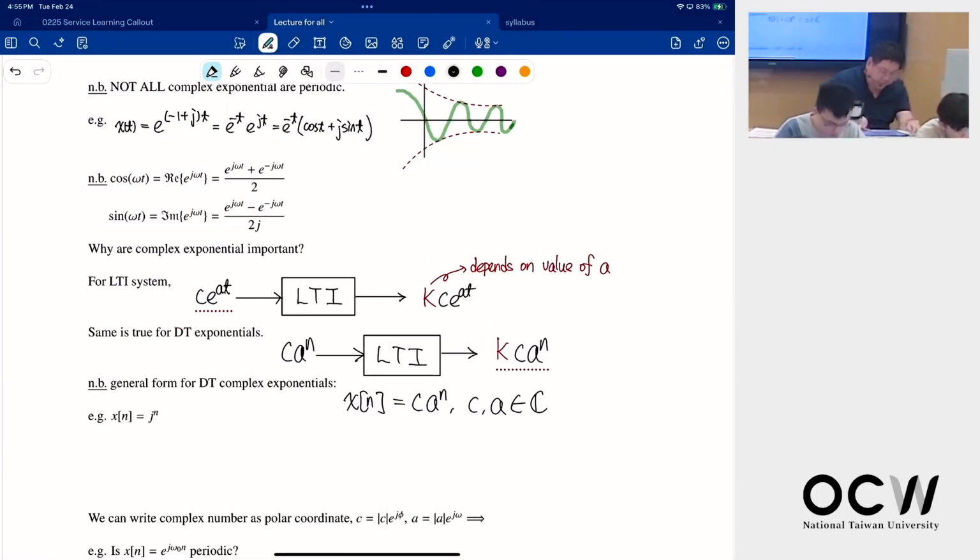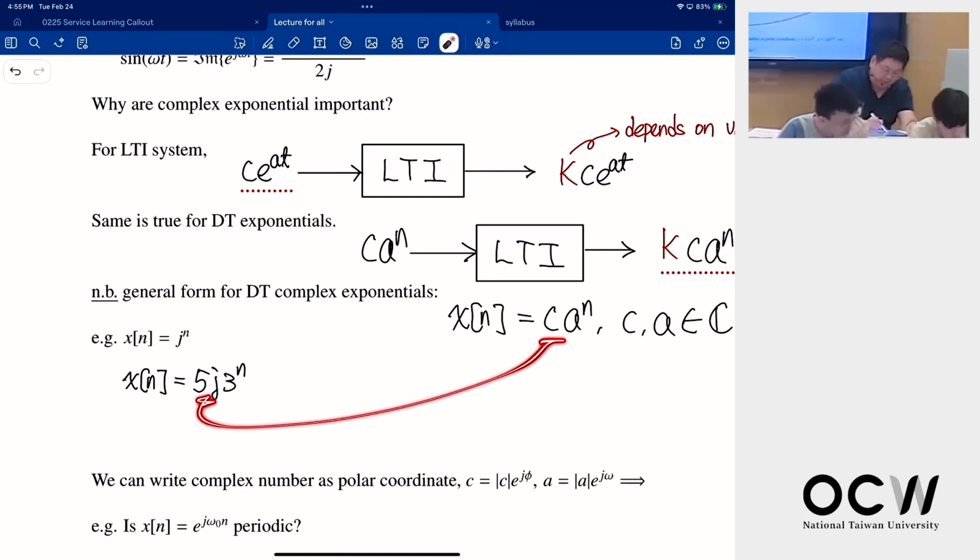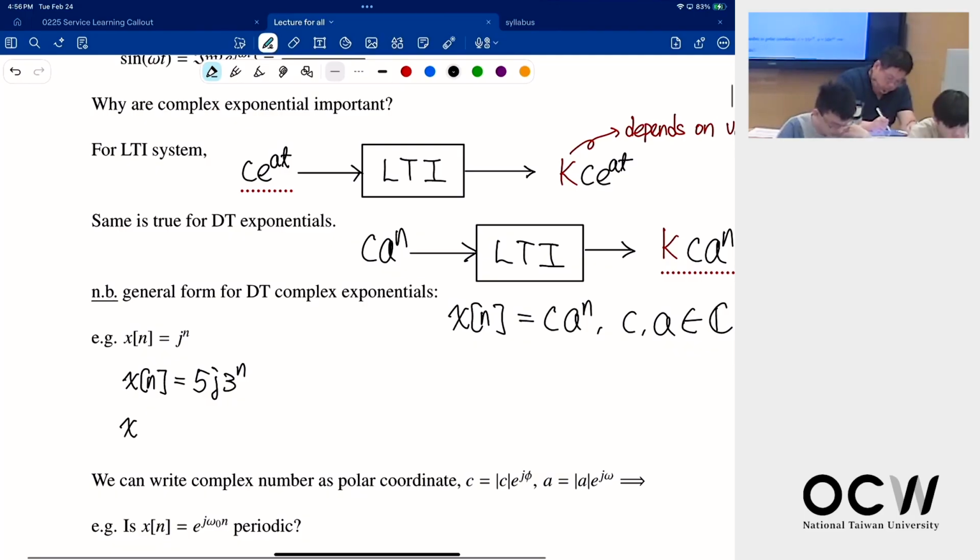For example, like 5 times j times 3 to the n. So the c is 5j, a is 3. Or it is 1 plus 3j times 1 minus 4j to the n.